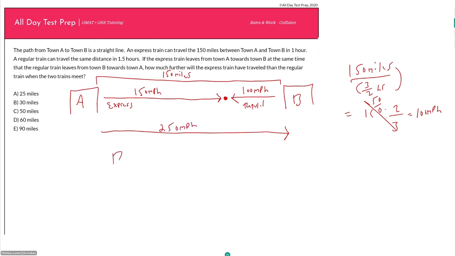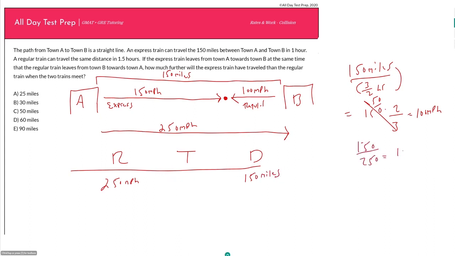So time is 150 over 250, which is 15 over 25, which is 3/5 of an hour.